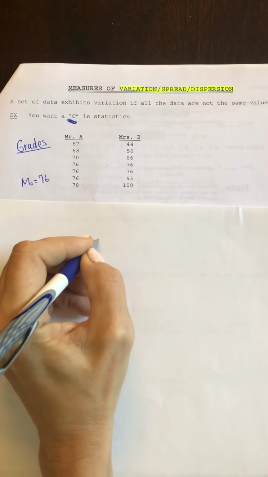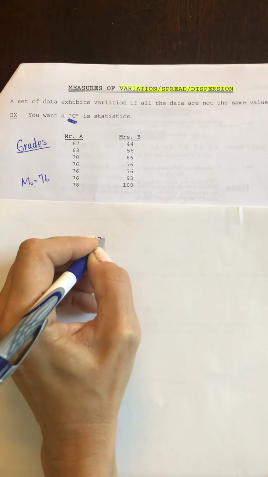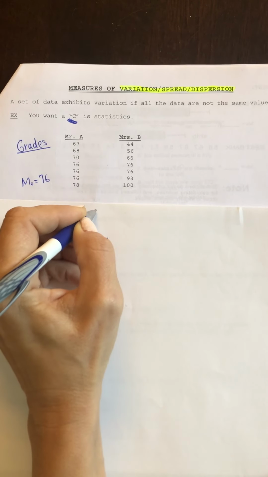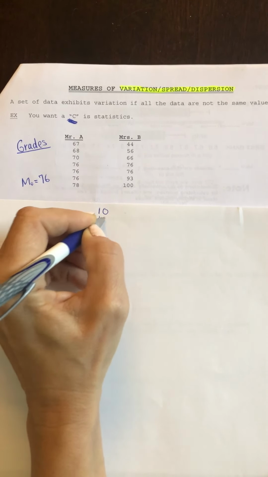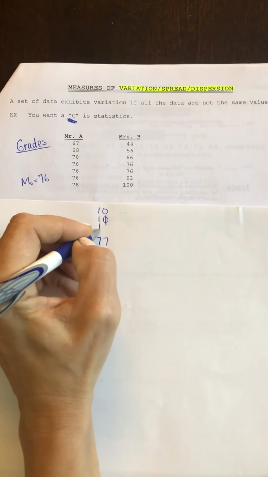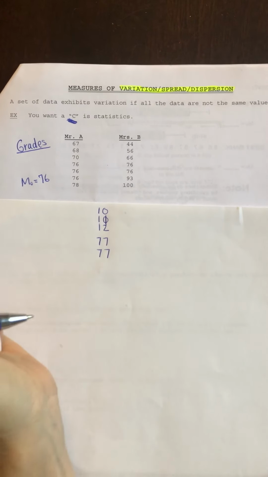But if I were to give you one with, say, a mode of 77, I could have all the other grades be a 10, 11, 12, et cetera. And you can see that this would not be the best class to take. So it's not about the mode.